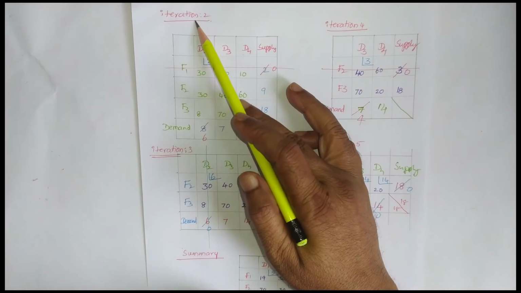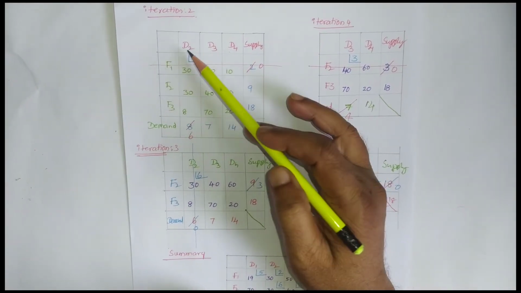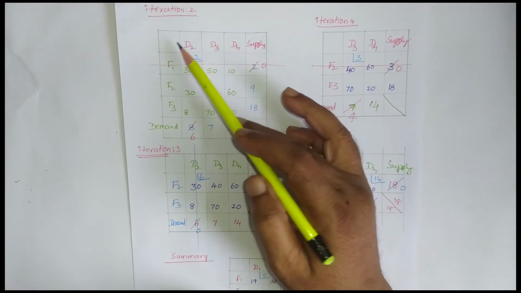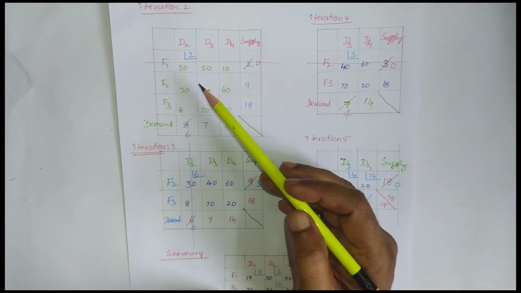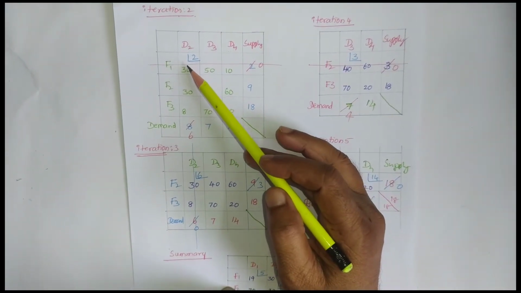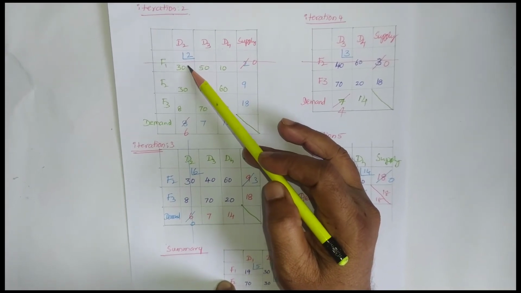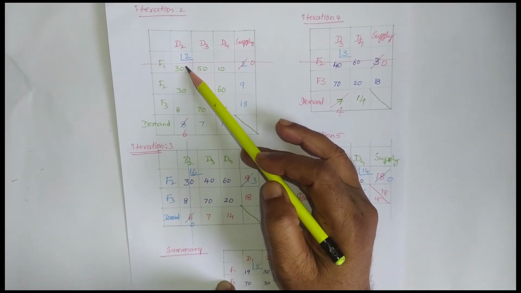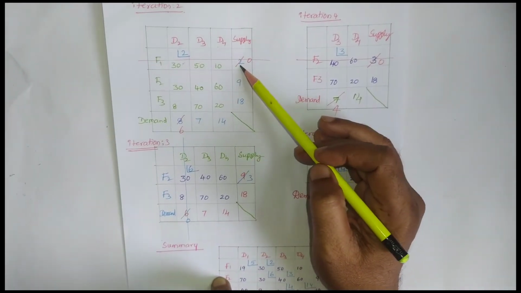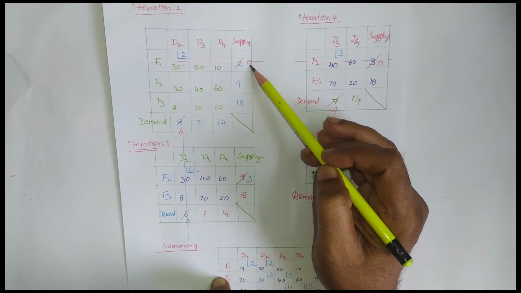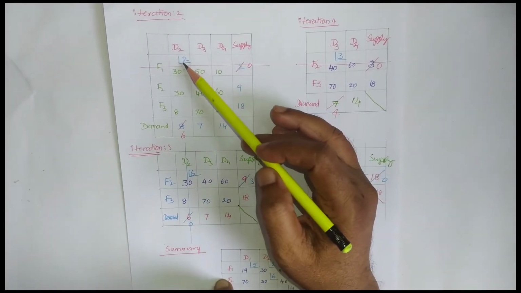Next, iteration 2. F1, F2, F3 and D2, D3, D4, because D1 is deleted. Here also we consider the northwest corner, that is this cell. For this cell the demand is 8 units but supply is only 2 units, so we allocate only 2 units to this cell.